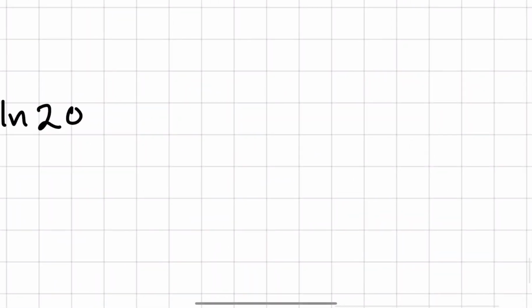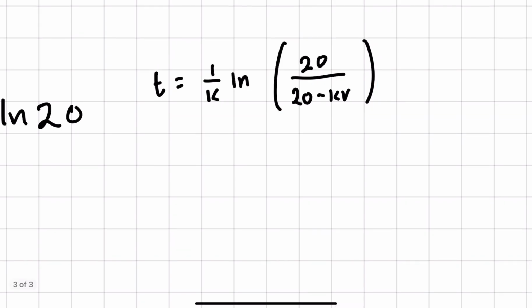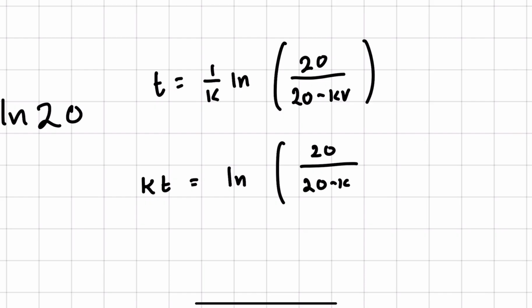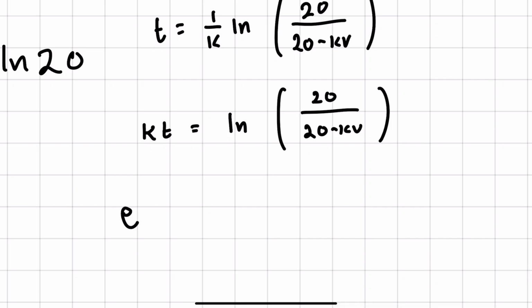We want to get volume as the subject. So I'm going to times both sides by k. So kt equals natural log 20 over 20 minus k phi. What that means is e to the power of kt equals 20 over 20 minus k phi.